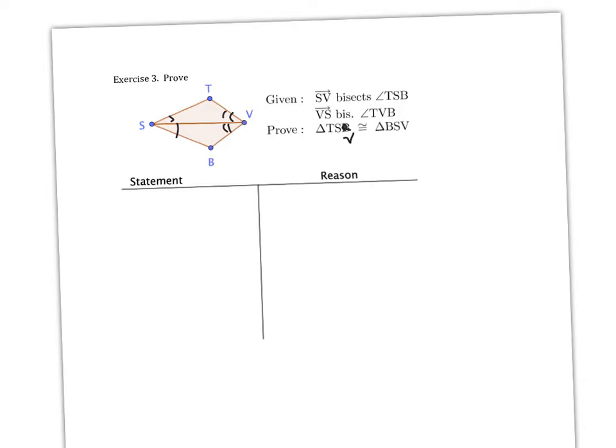And so we're going to introduce our givens. So SV bisects angle TSB, that would be 1. 2 would be that VS bisects angle TVB, and these would be by givens, and same here.